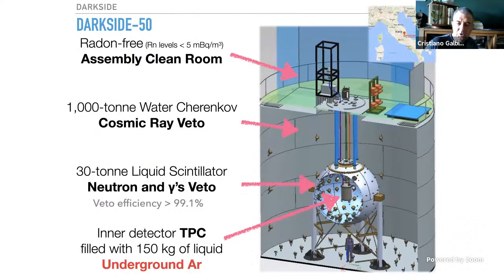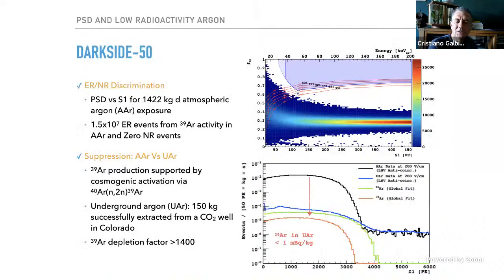One of the features of this detector is that the scintillator also acts as a very powerful veto for the neutrons that are possibly emitted by the chamber and that are the major background for dark matter. I will spend a few words later describing the peculiar features of this scintillator-based veto. But this detector performed a beautiful run.